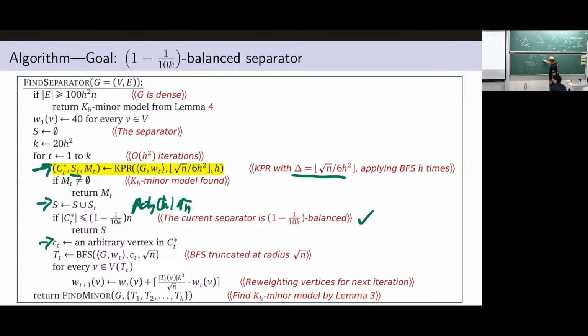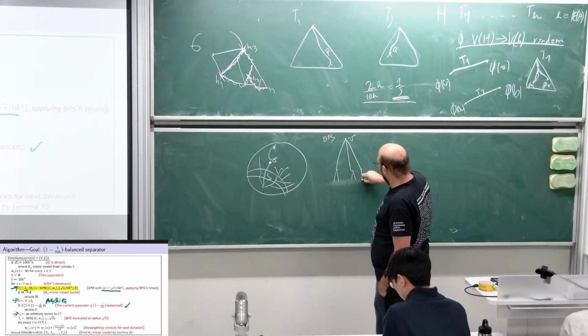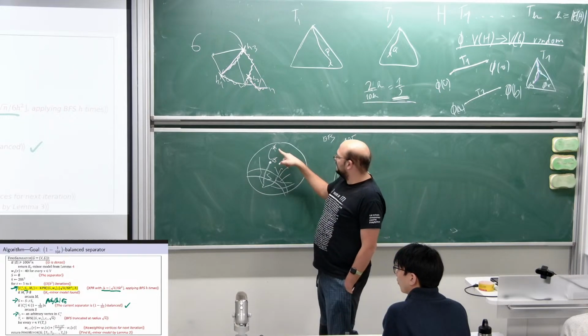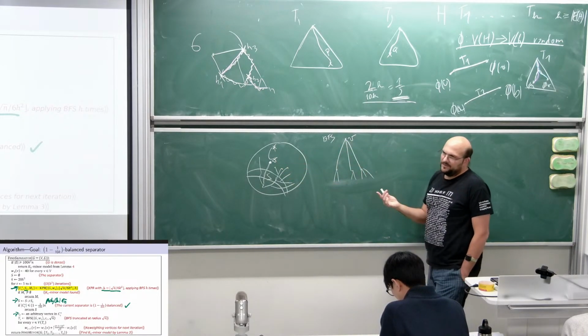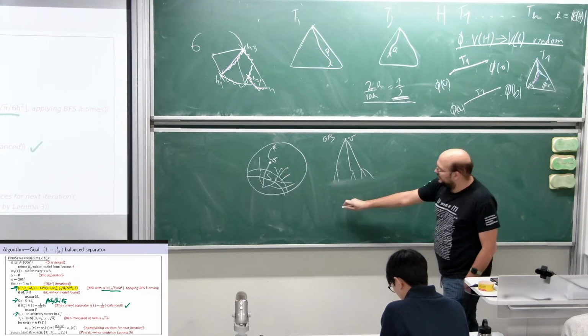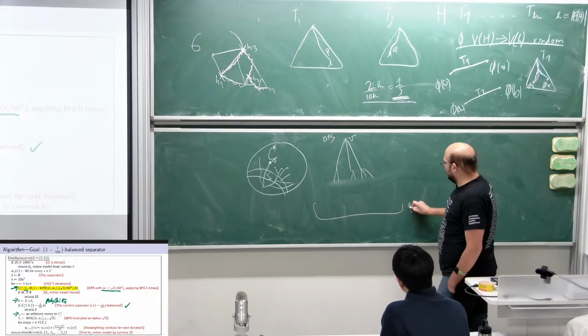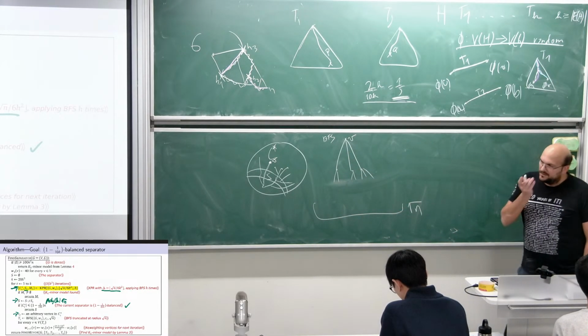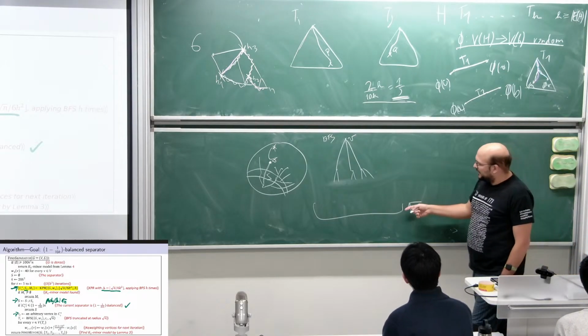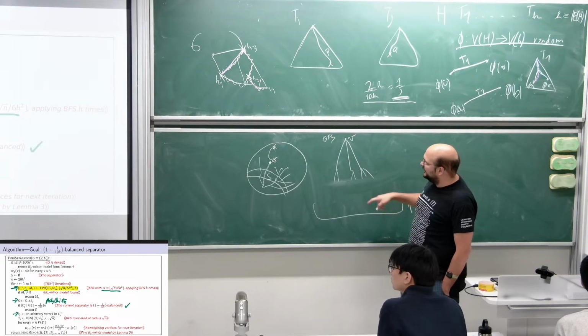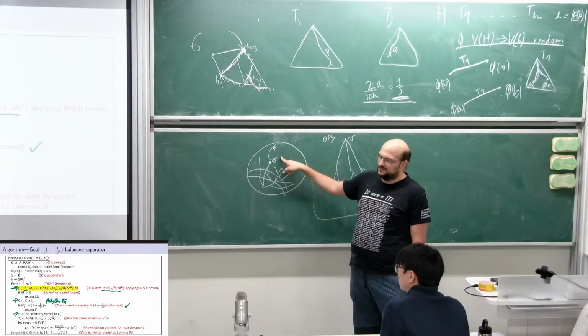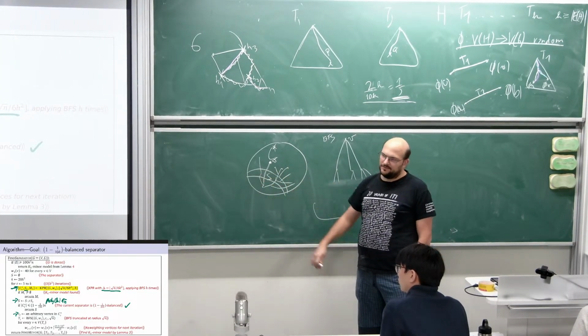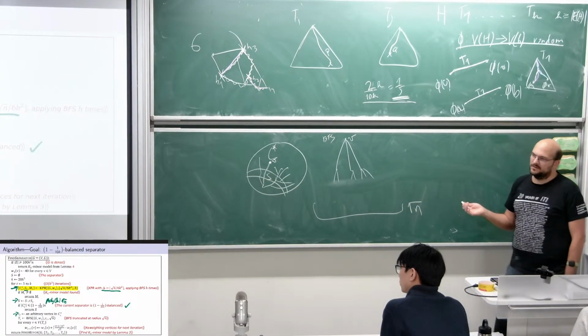And the thing is that because this C star had small weak diameter, this tree up to level square root of n will see the whole component of C star. It doesn't have to see the whole graph, but it sees the whole component.